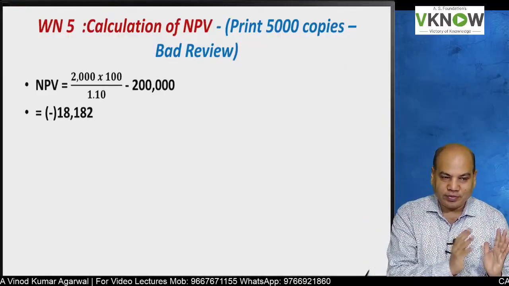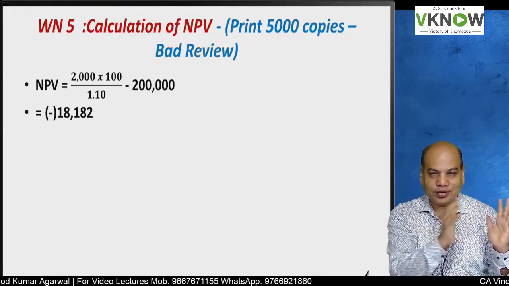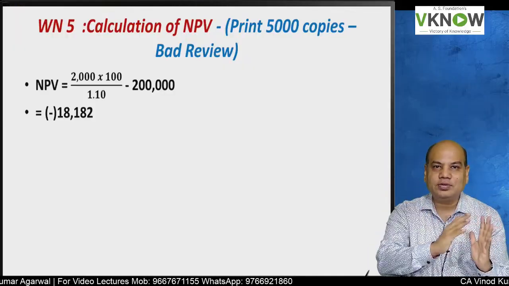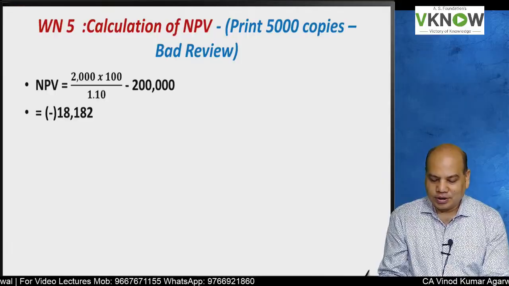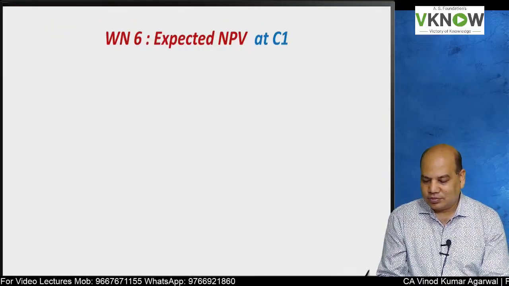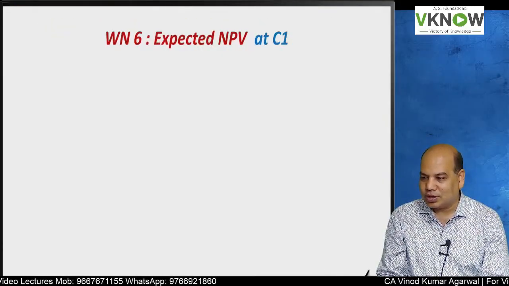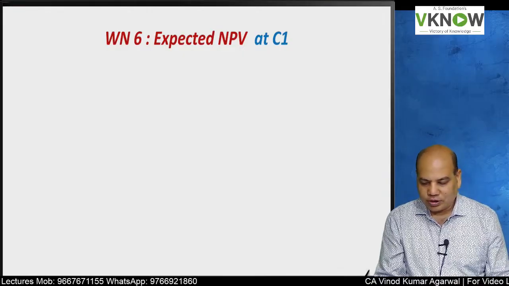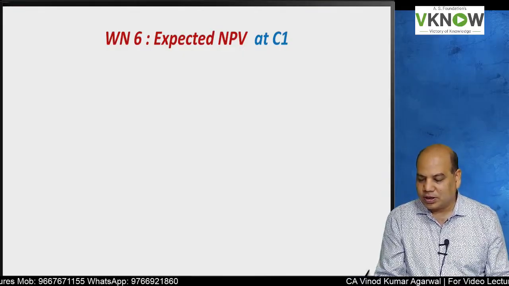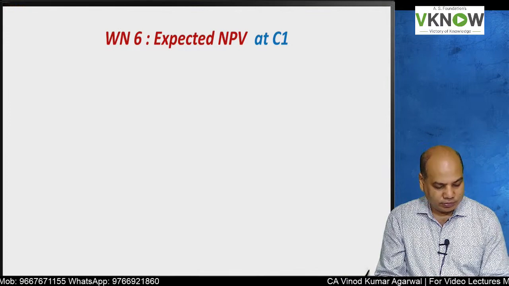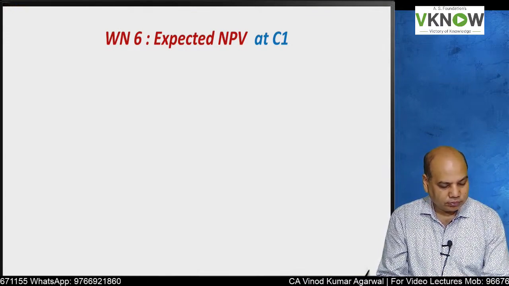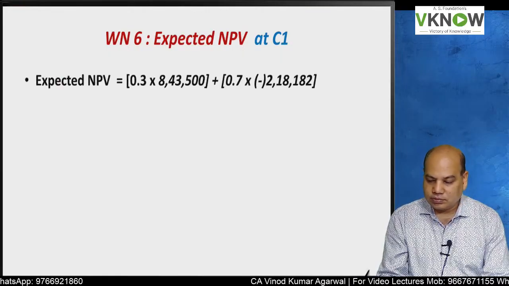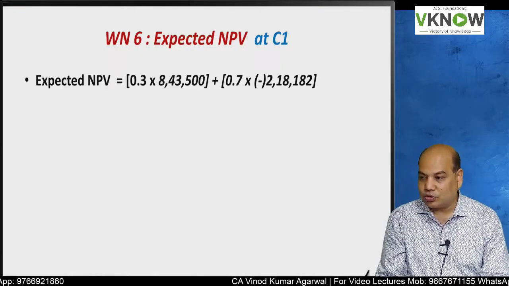Now we have to do backward calculation. We have to move to C1, then C2, okay, then D1. So write down next, working note 6. Expected NPV at C1. It is a chance node.